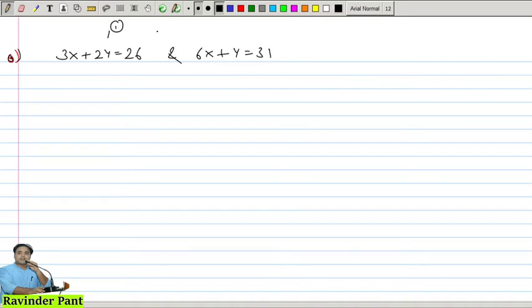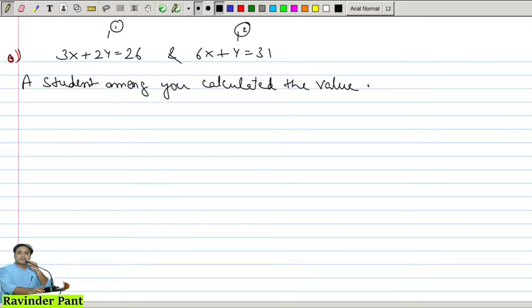So we have two equations given, and a student among you calculated the value of x bar as 7 and y bar as 4, and the correlation value as plus 0.5.